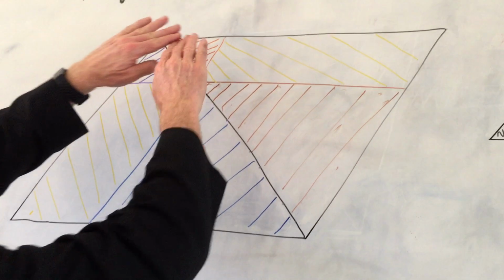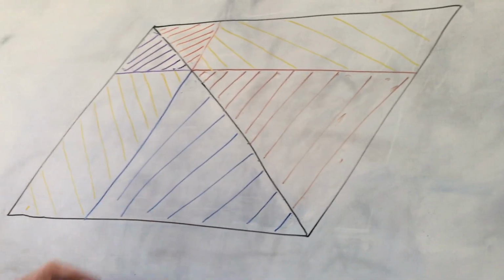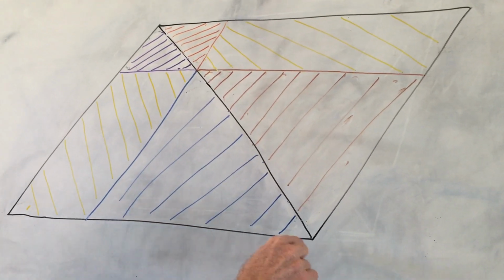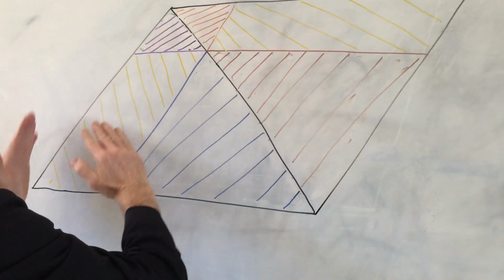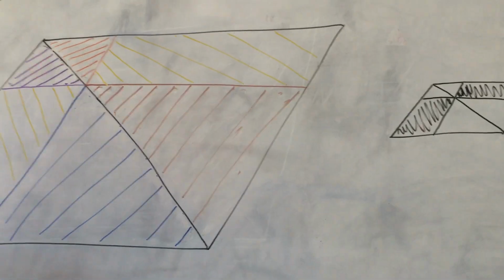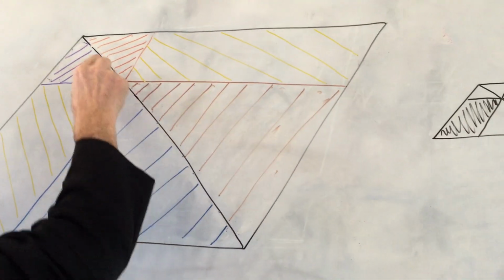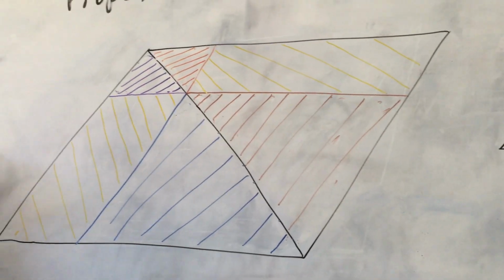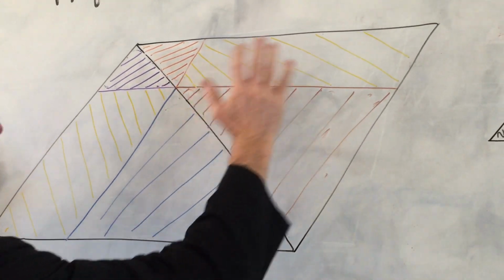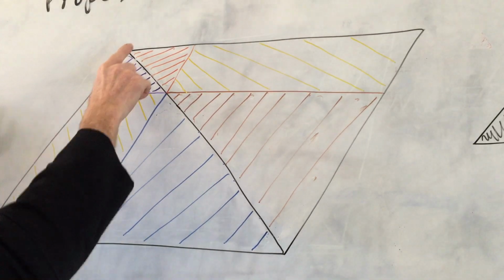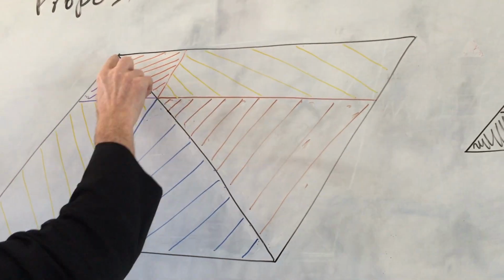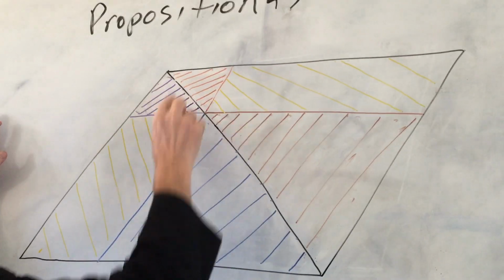So, let's look at this big parallelogram, okay? Here's the diameter, so this triangle is necessarily equal to this triangle because the diameter bisects the parallelogram. So here you have one half and the other half equal to each other, okay? This big triangle is equal to this big triangle, okay?